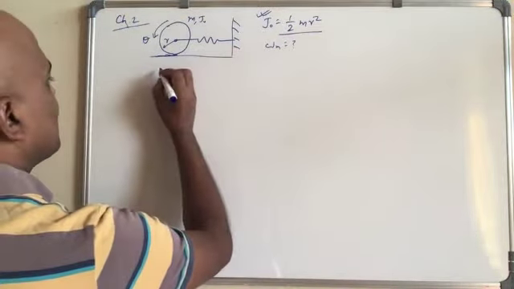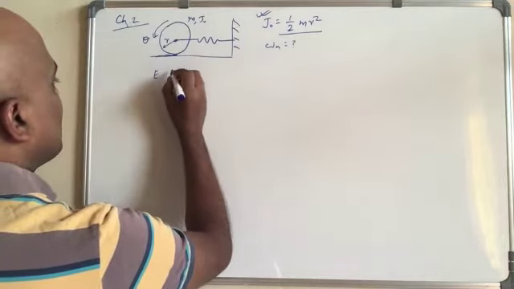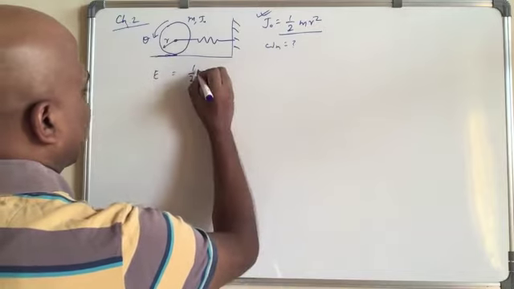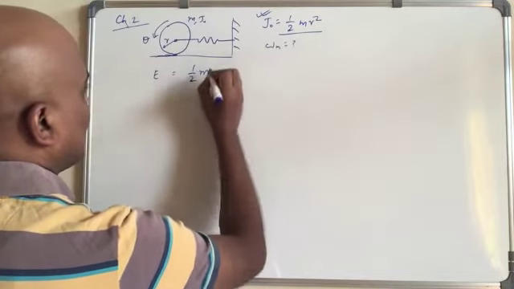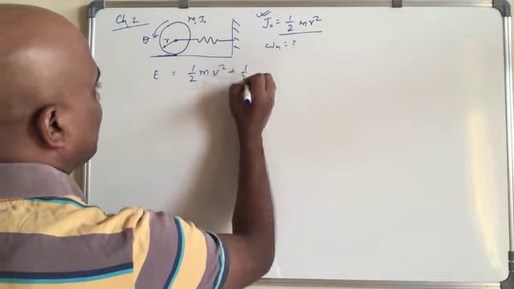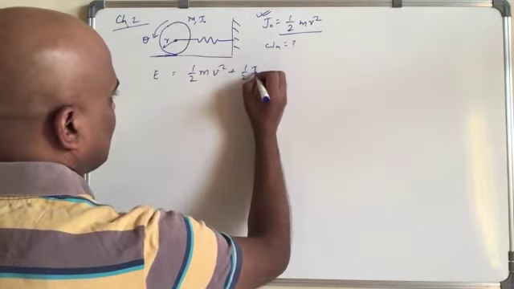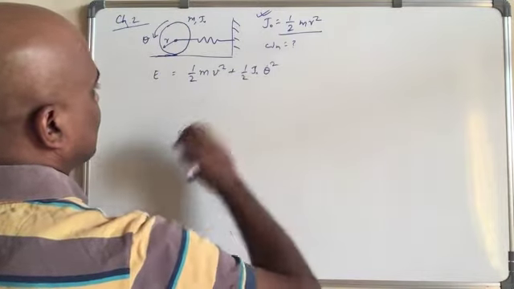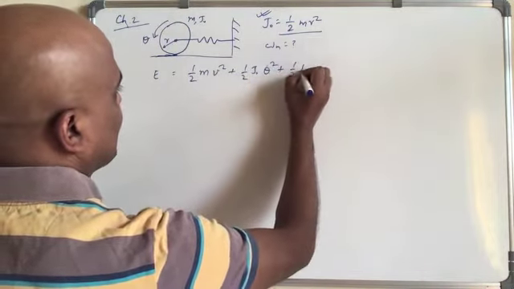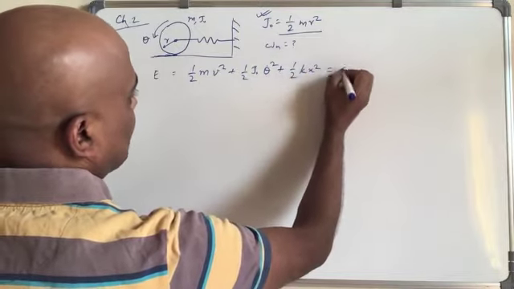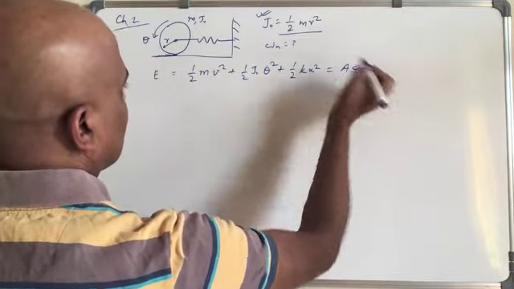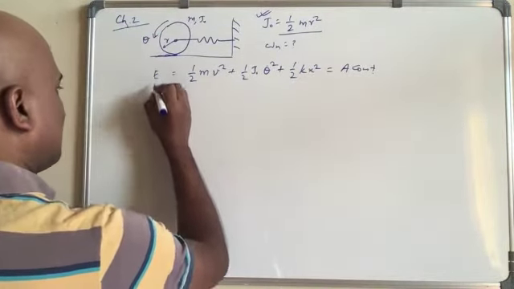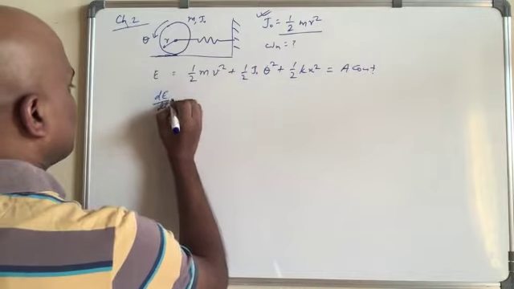The total energy equals half m v squared plus half J naught theta dot squared plus half k x squared equals a constant. That's what we do, right? And from there we find the equation, by taking the total energy d over dt equal to 0.